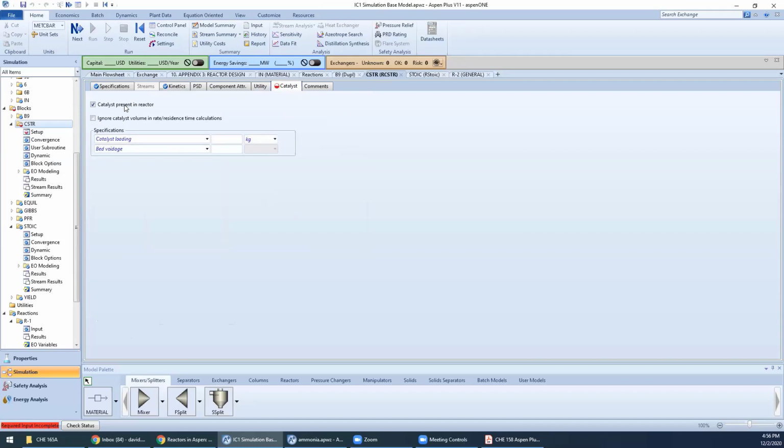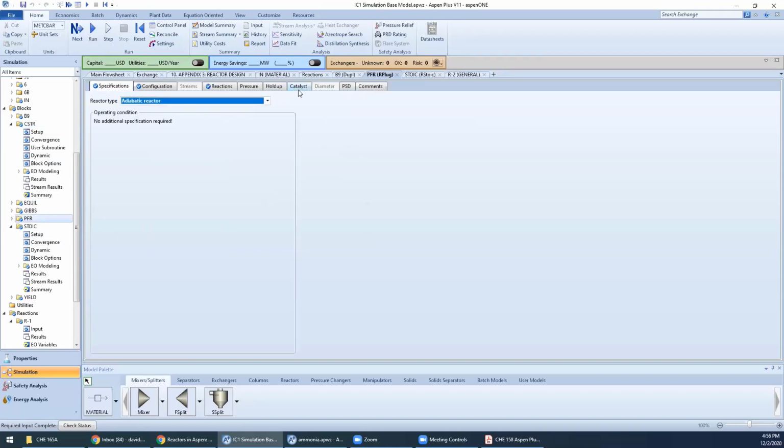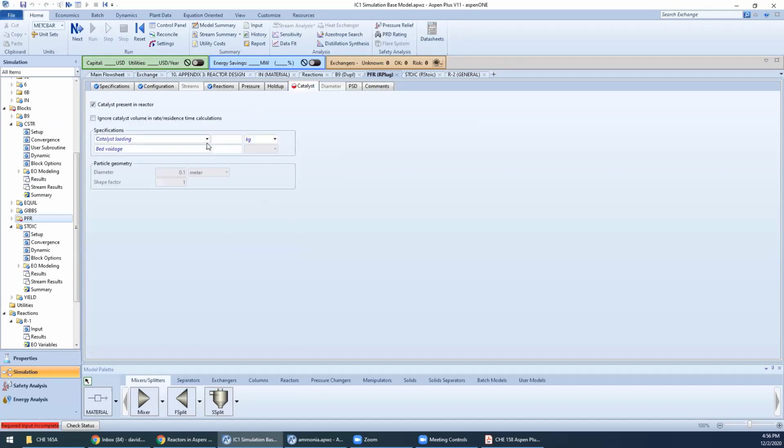If you were to model a packed bed, so we choose PFR, I do have a catalyst. My catalyst loading is 100 kilograms. My bed voidage 50%. And then from there, you can also determine what your particle size distribution is, or you can just let it do its own thing.